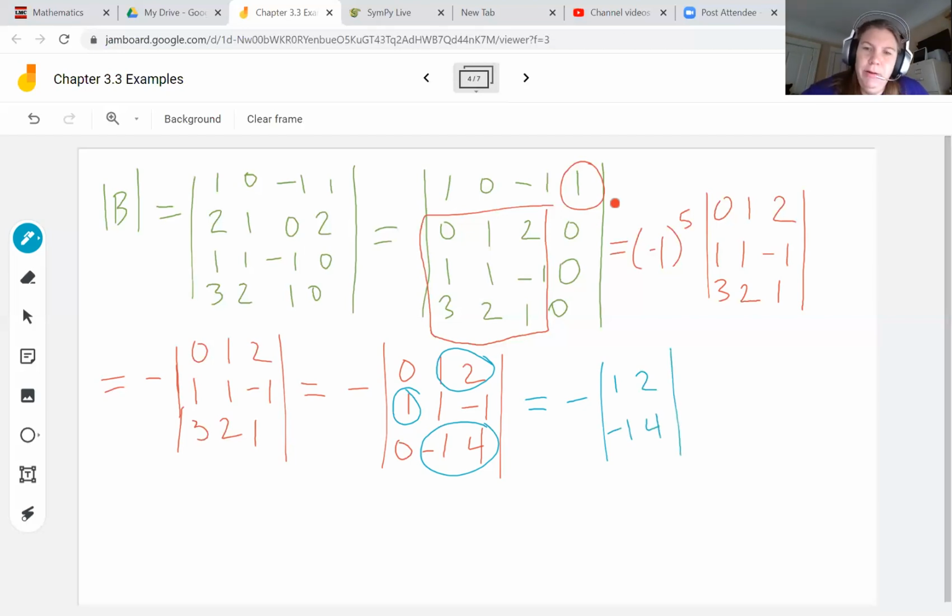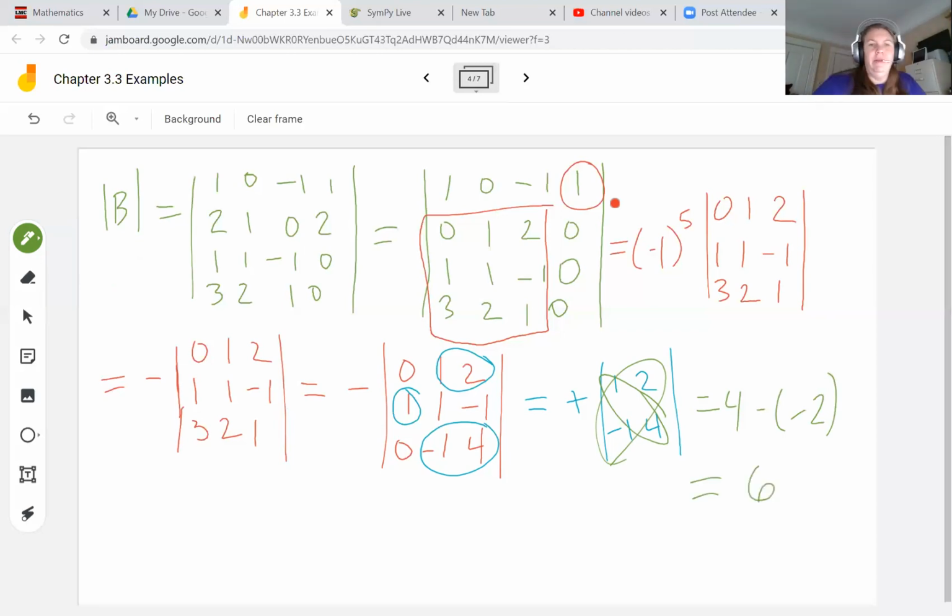So this is going to be, oh, and our 1 is in position row 2, column 1, so that makes this even, so this becomes a plus. So then we get 4 minus negative 2. So the determinant of B is 6.